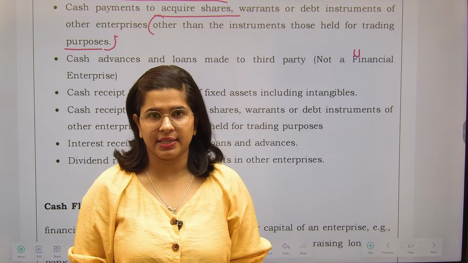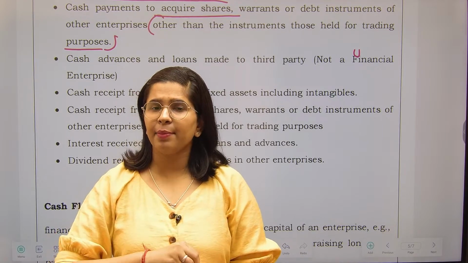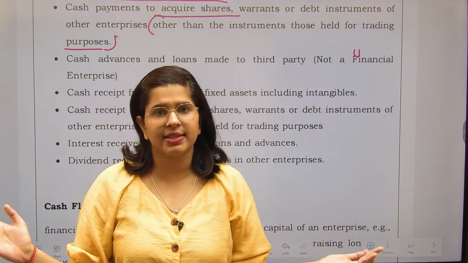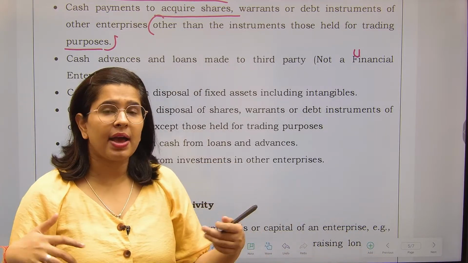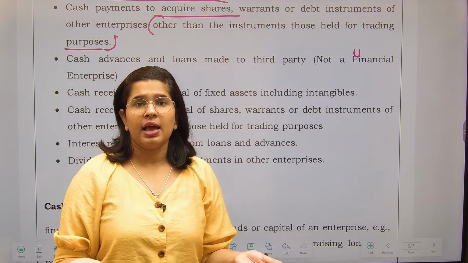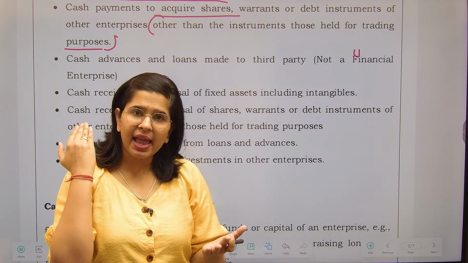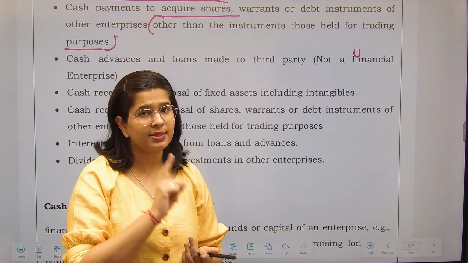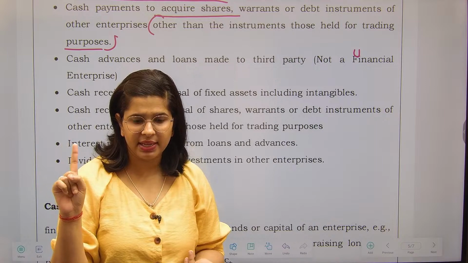So this is investing activity. ठीक है? I have given my money on loan to someone and I will charge interest on that. This is investing activity. But suppose I am a financial institution, I am a bank, right? So this is my activity to give loans. So in that particular case, that will be classified as my operating activity, not investing activity.